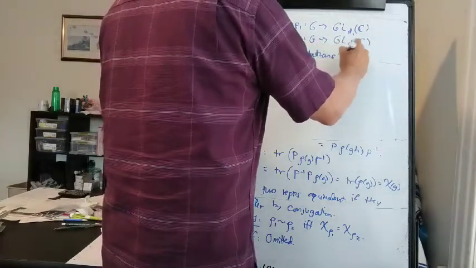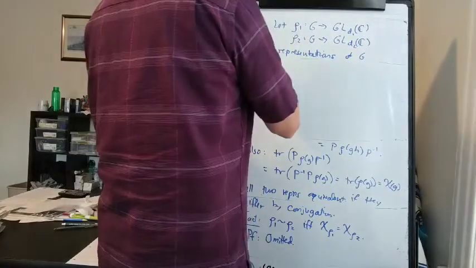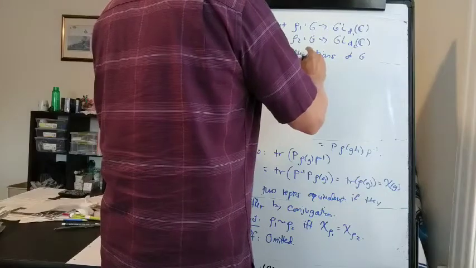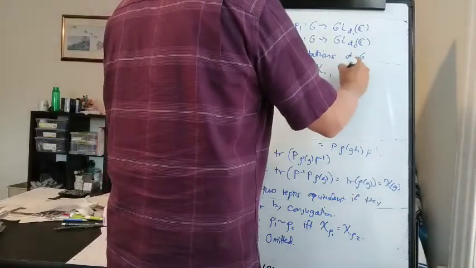So these are complex representations of G, and let's call their characters chi1 and chi2.